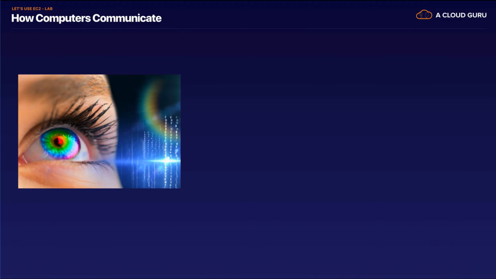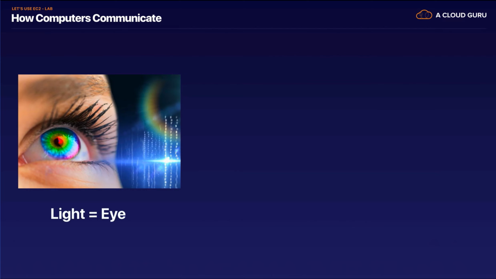So let's talk about how computers communicate. But before we even get to that, let's talk about human beings and how we work. So you've got your eye, and your eye is designed for one purpose. It's designed to see. And in fact, it's designed to interpret light, to make sense of light. And it works from various different wavelengths. There's some wavelengths that your eye can't see, but your eye can see an awful lot of different wavelengths. It can see all the colors in the rainbow, for example.